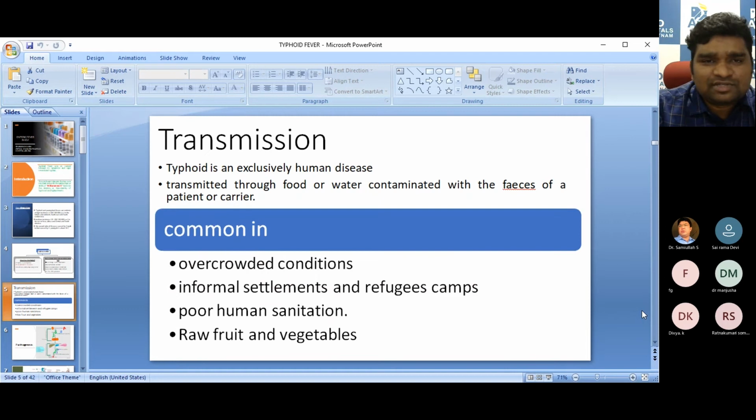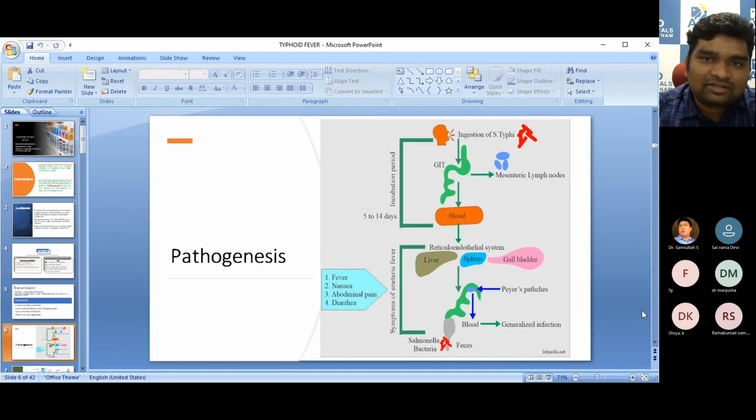Transmission is usually by the fecal-oral route and is common in overcrowded conditions, refugee camps, poor sanitation, and raw fruit and vegetables contaminated with Salmonella typhi. Salmonella typhi infects humans by ingestion of contaminated food and food products.